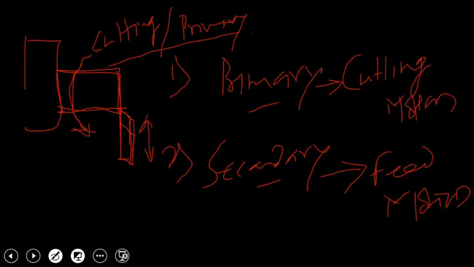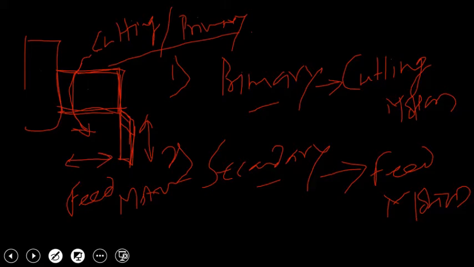Okay. Now the workpiece is rotating, and the cutting tool is in contact with the workpiece surface. But once it has removed some material from here, if I want to convert this raw material into a product, I need to provide another motion to the cutting tool, and that motion is called feed motion.